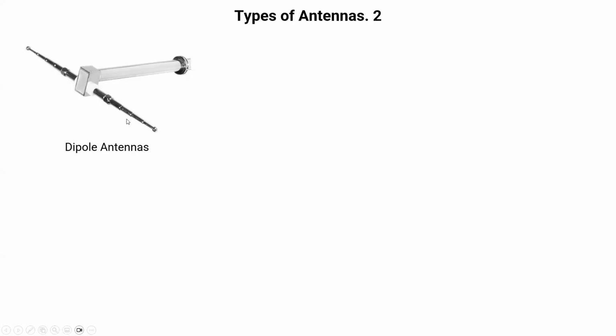It has two metallic wires, two metallic parts, and this is the waveguide that allows some wave to come to this antenna and drive the current along these dipole parts.